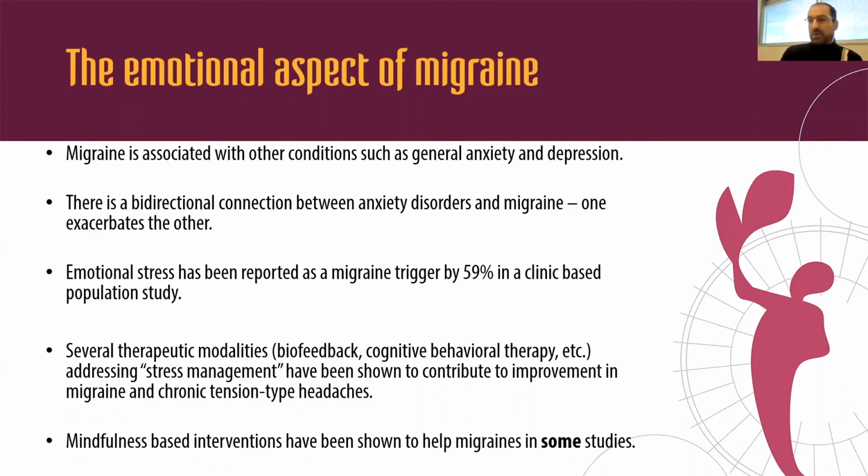But also in between attacks, I can have increased anxiety because I'm afraid, oh, when is the next migraine going to hit me? And those two influence one another. The occurrence of migraine might increase the stress, and it has been shown that if I'm more stressed, I might experience my migraines in a more severe way.